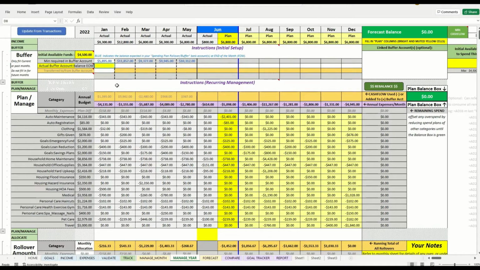And where it does match, I encourage you to go in here and just go ahead and type in the amount. That is your note that you have reconciled the amount in your accounts, and it does match the amount that was computed, which means all of your transactions that entered and left both your savings accounts, your checking accounts, your credit cards have all been accounted for in your tracking system here.